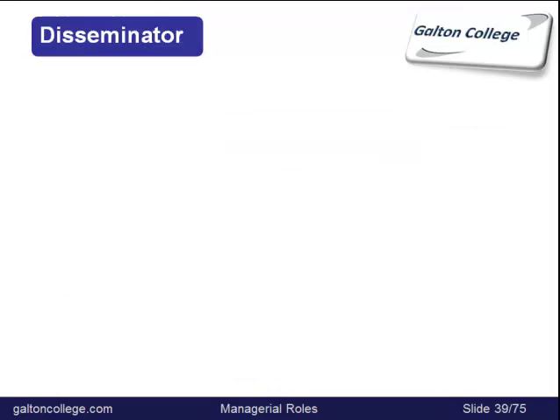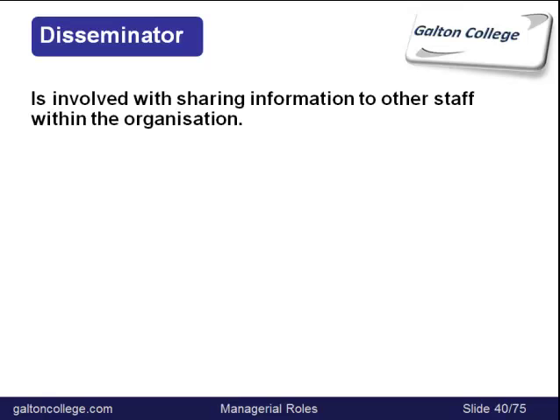The next one is the disseminator. It involves sharing information to other staff within the organization. You're passing information out. Perhaps not all the information, because some of it may be privileged or secretive, but perhaps other people need information to do certain tasks.